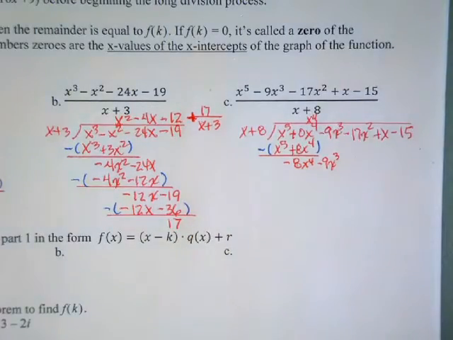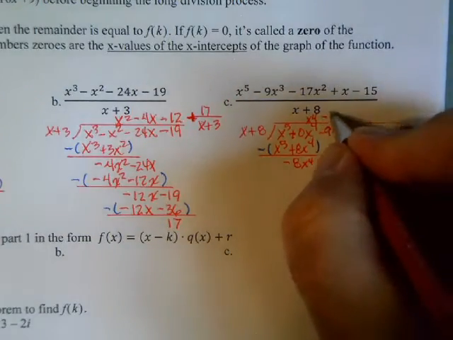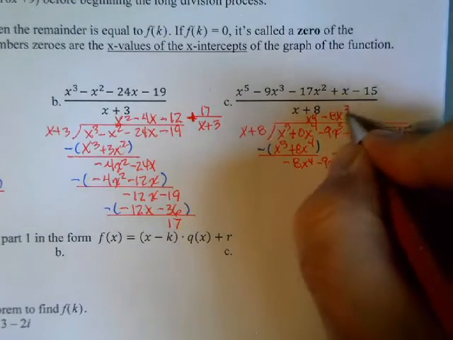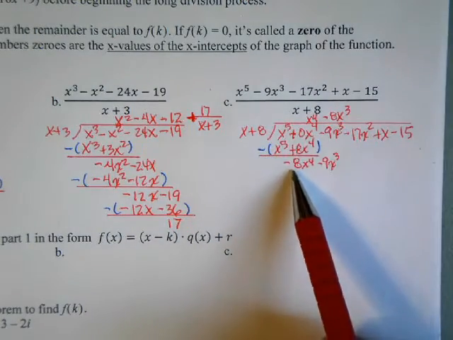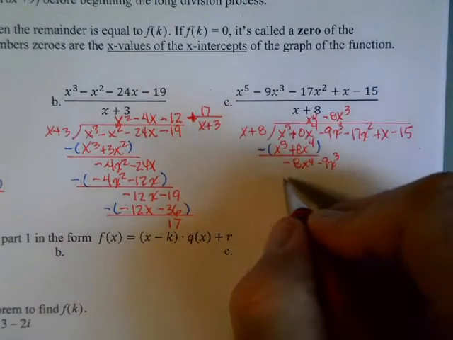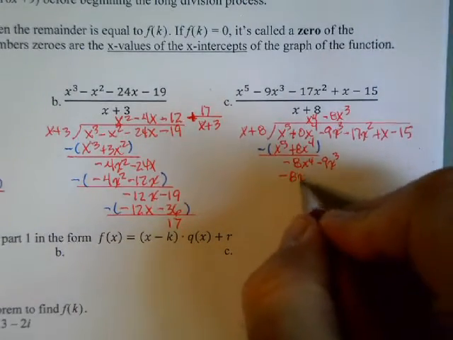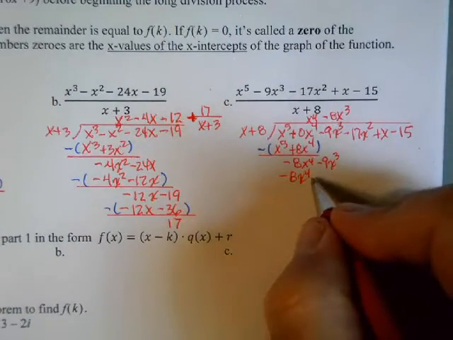So now I'm going to need a negative 8x cubed, because the only thing it's missing is one x. So negative 8, that's the negative 8, and x cubed times an x, that's the x to the 4th. So negative 8x to the 4th. And then I got negative 8 times positive 8, so that's going to be negative 64x cubed.